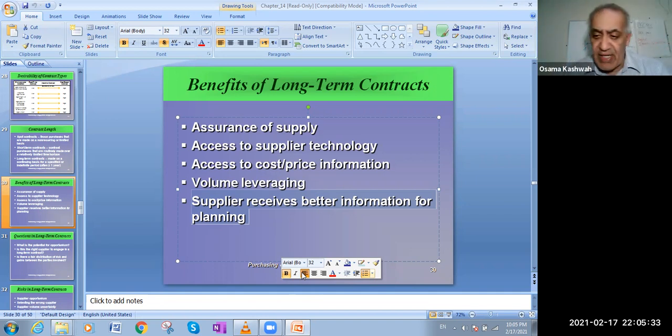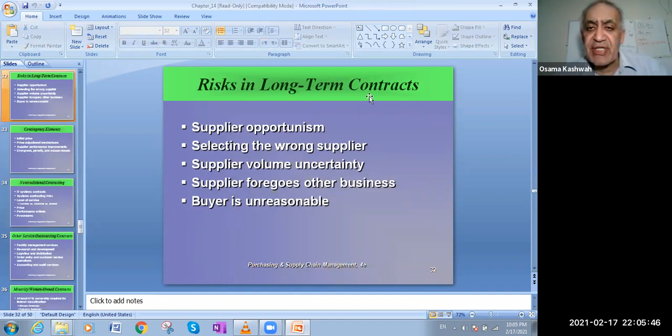When he's long lasting with you, the supplier will know the purchaser's needs. This is another benefit.